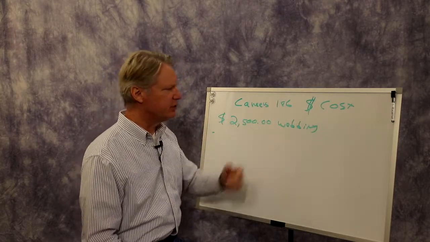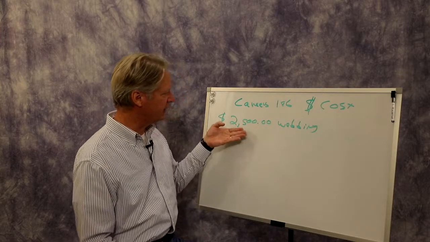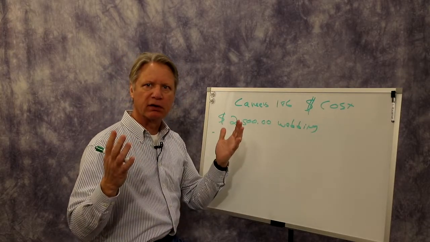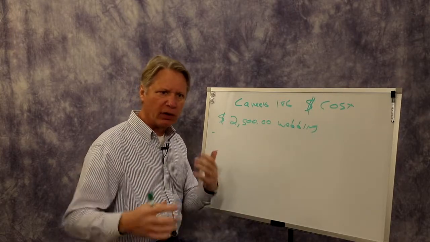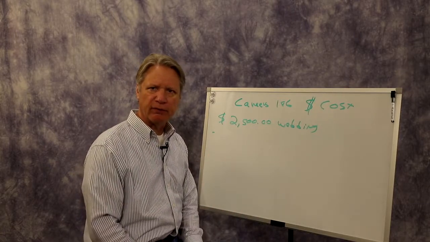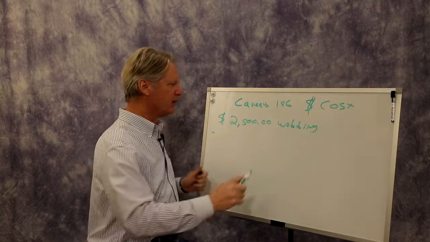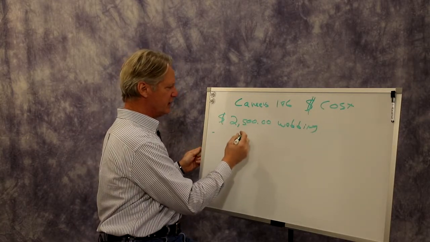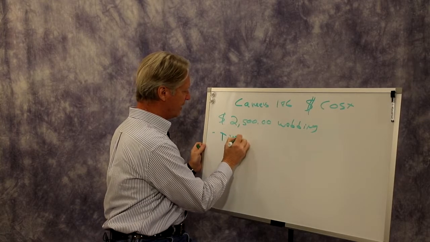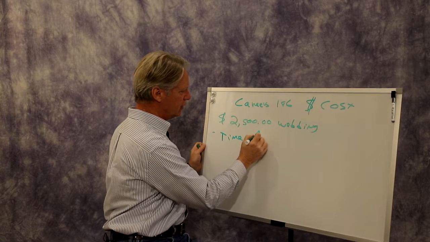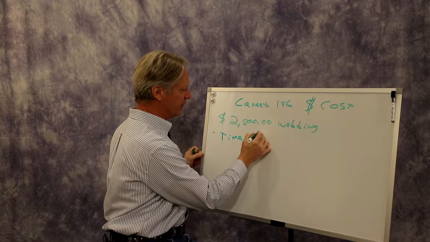So what I want you to do is take a look at this, a $2,500 wedding. So, you know, it's middle of the road, maybe slightly higher. I don't know what prices are going for these days. What you need to do is look at all the time that you have into generating that much money.